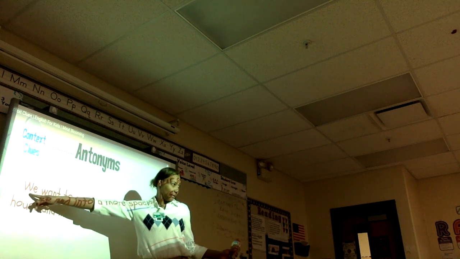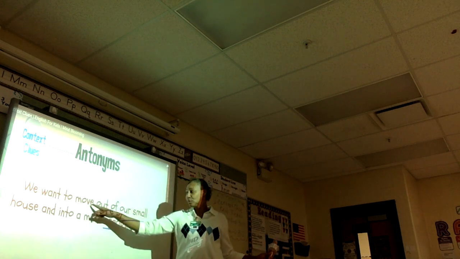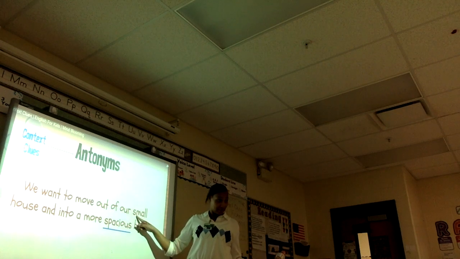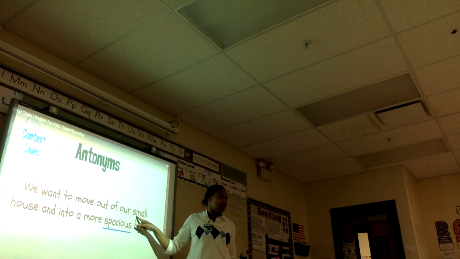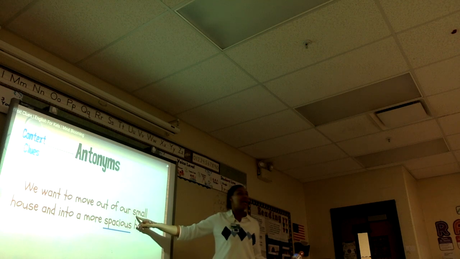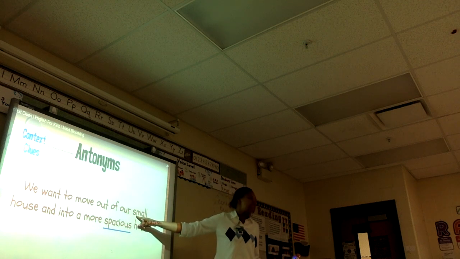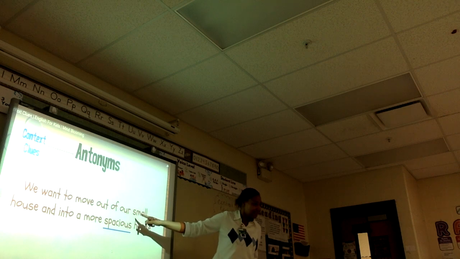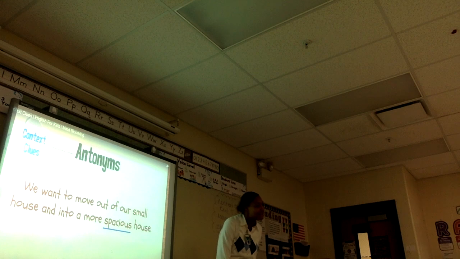Okay, let's read the sentence. Okay, what does small mean? Tiny. Now give me a tiny house. What's a tiny house? Yes, ma'am. How many rooms are in a tiny house?